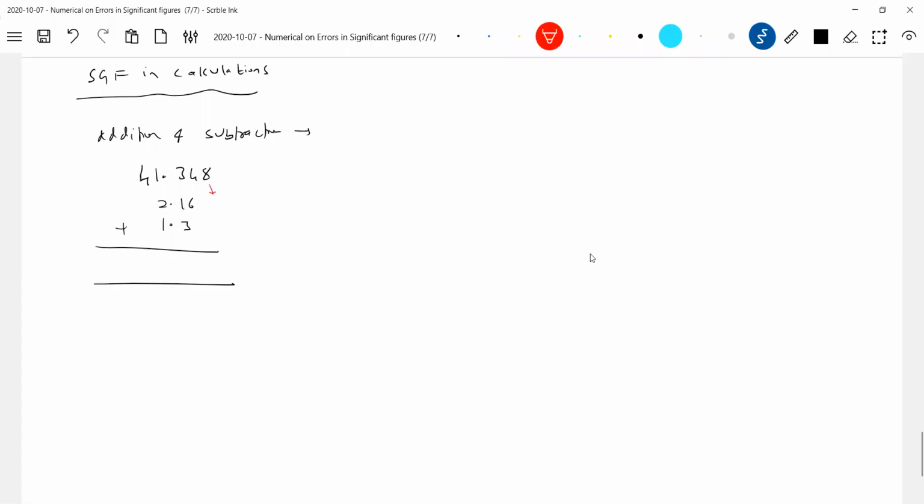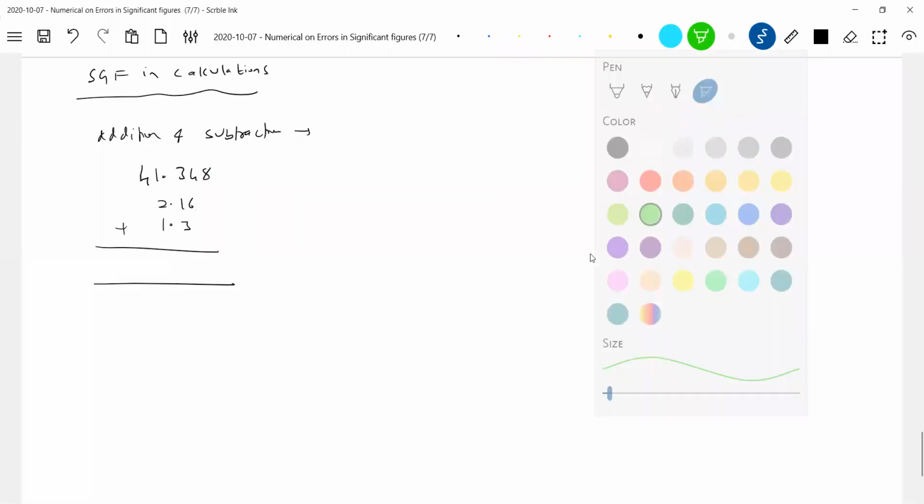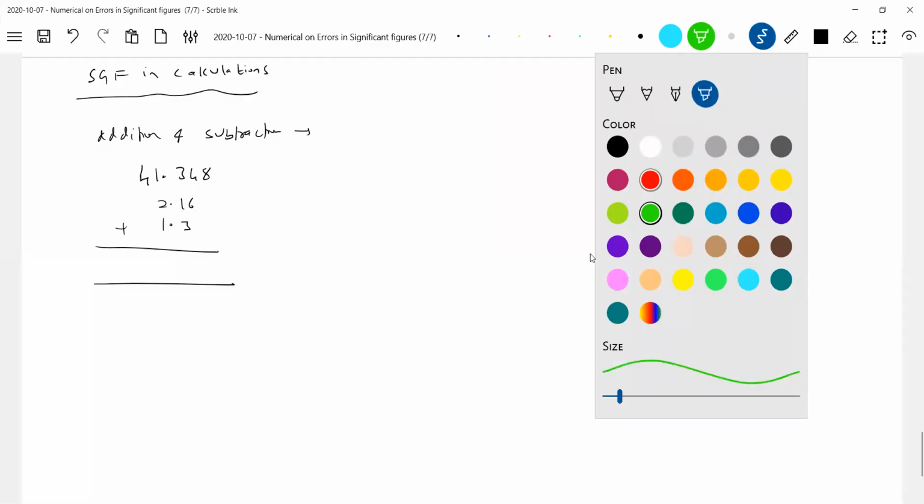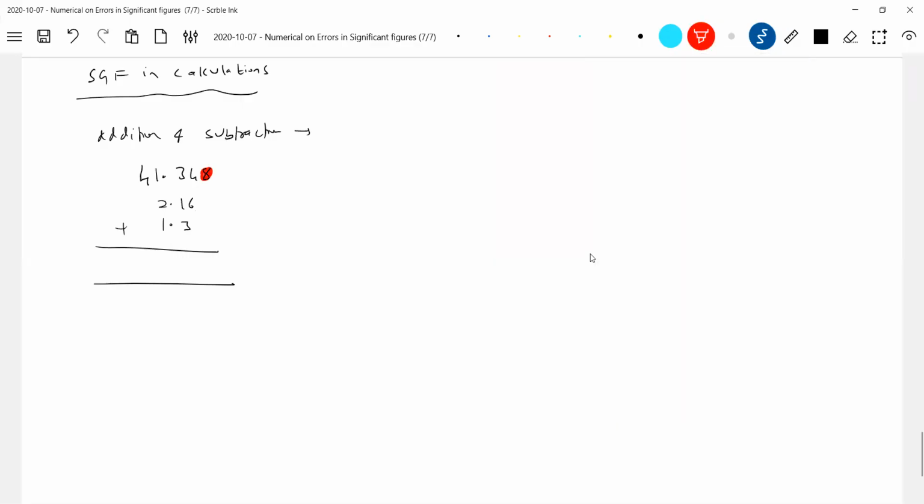I should drop this, this, and this. The red colors I'm putting are the numbers that have to be dropped off. So now, the 8, I'll drop it. After dropping 8, how much will it become?